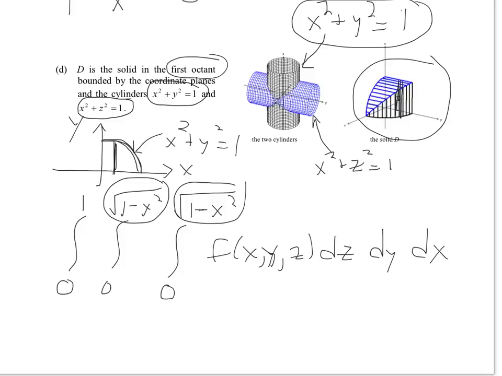The one rule that we do need to follow is that if we're integrating with respect to z first, then my limits in z are allowed to depend on x and y. They are not required to depend on both of those variables, or either of them for that matter, but they are allowed to depend on x and y.